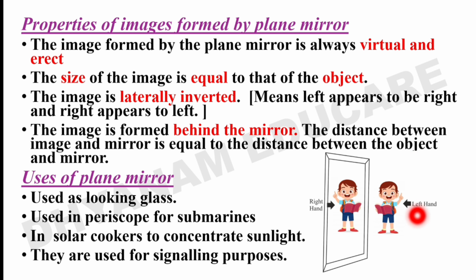The image is formed behind the mirror. The distance between the image and the mirror is equal to the distance between the object and the mirror. These are the properties of images formed by the plane mirror.